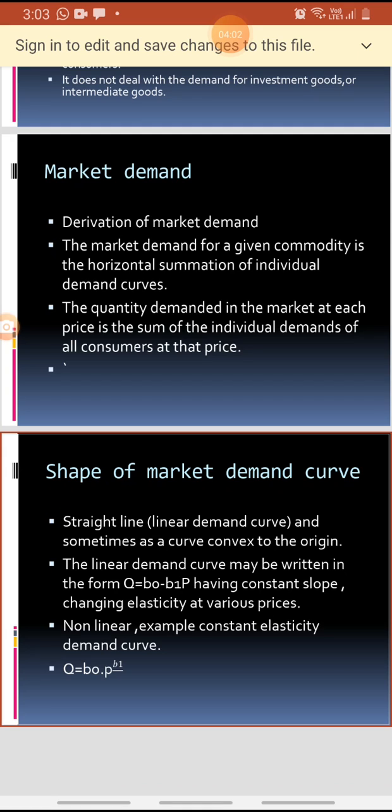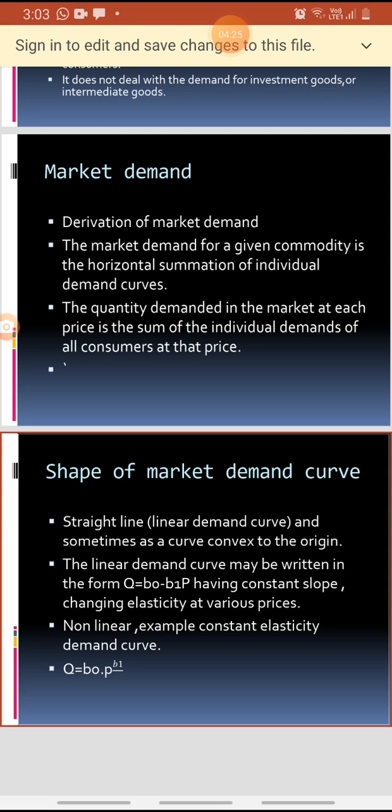It is written in the form of the equation Q = B0 P^B1, where B0 is a constant, multiplied by the price of that commodity, that is P raised to B1.